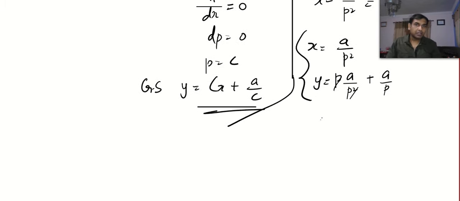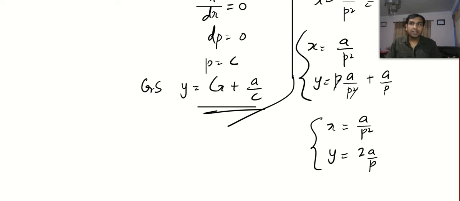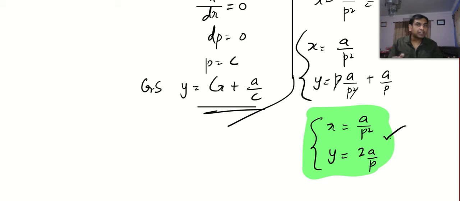So I get x equal to a by p square, and y is equal to 2 into a by p. See, this is an answer. This is a well accepted answer. This is called parametric solution. We are writing x and y in terms of p, so it is called parametric solution.